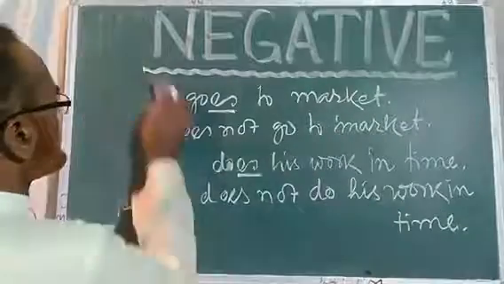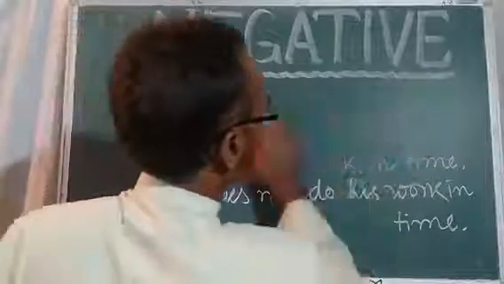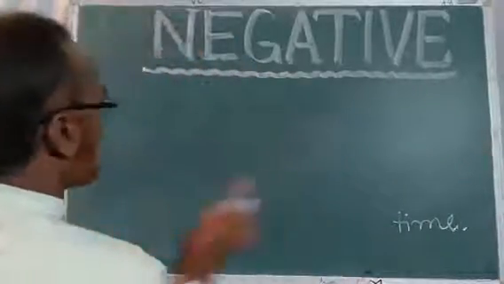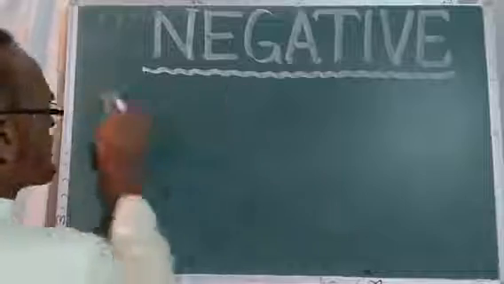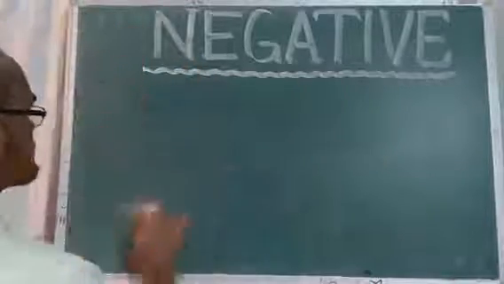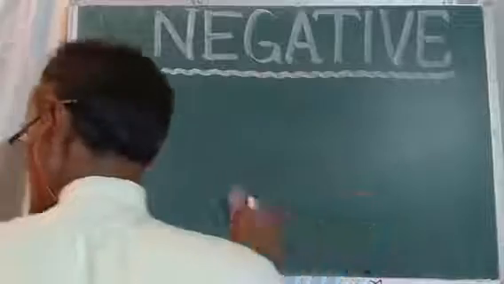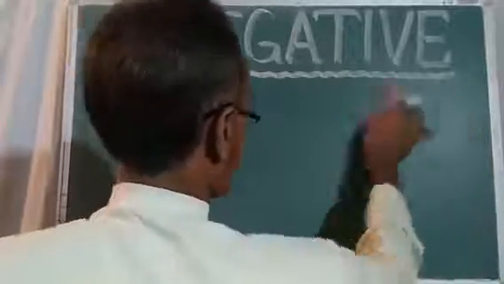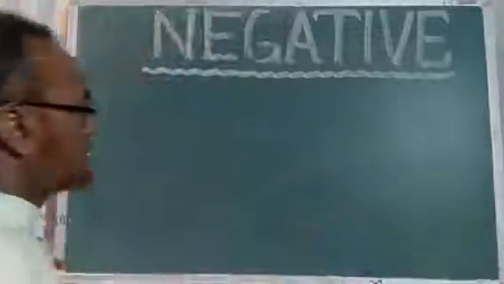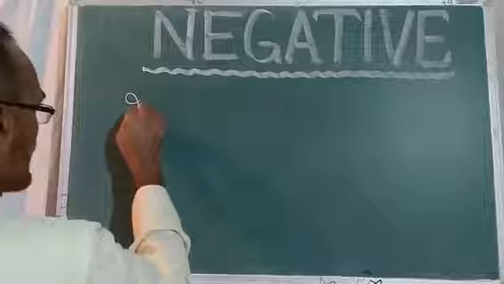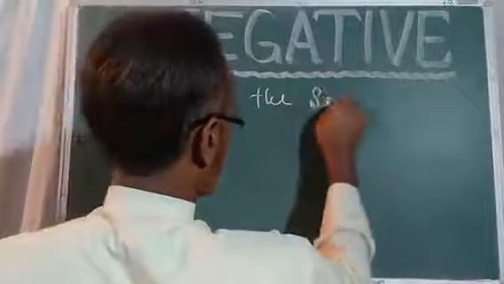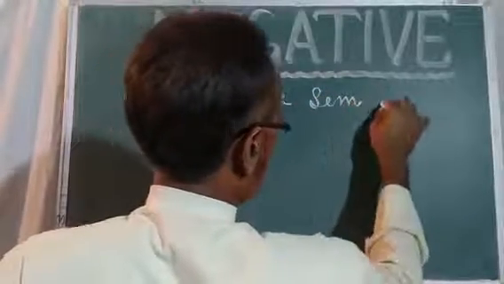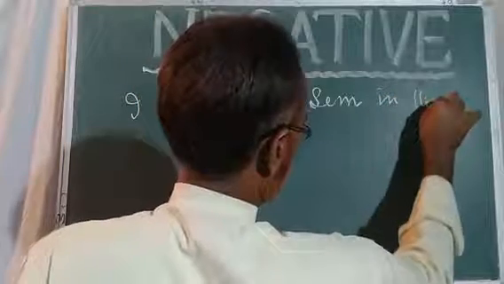Now, how can we turn a sentence of past indefinite tense into negative? A sentence of past indefinite tense is like this: I did the sum in the morning.